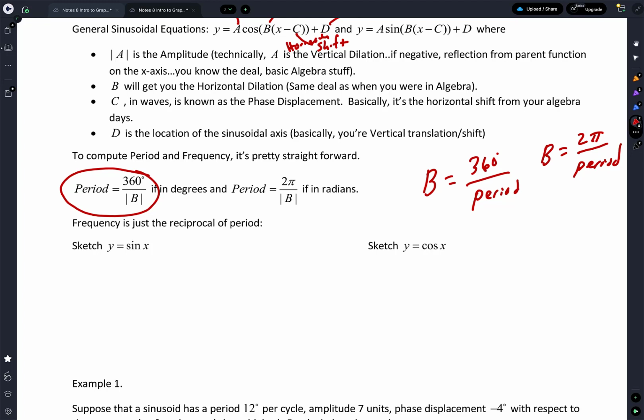And hopefully you remember f of ax. Remember that told you that your horizontal stretch or compress was the reciprocal, 1 over a? No? Okay, then don't worry about it. We'll do a lesson on that pretty soon.